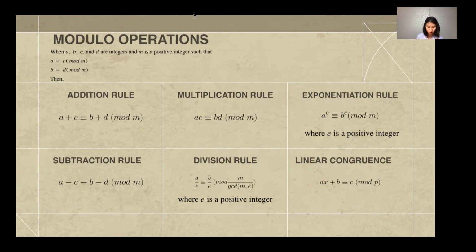So we have the addition, subtraction, multiplication, division, exponentiation rule that we need to know. But there's also one more, which is linear congruence that we will be covering today. So linear congruence comes in the form of ax plus b is congruent to c mod p.